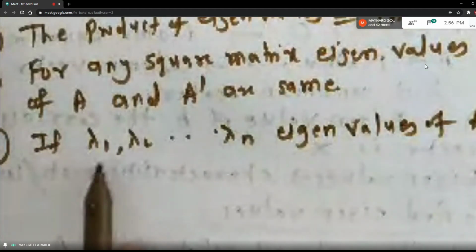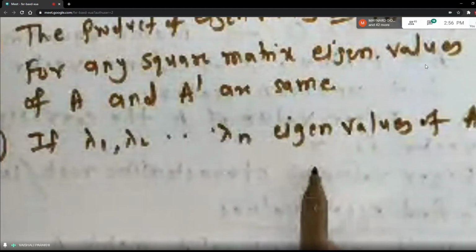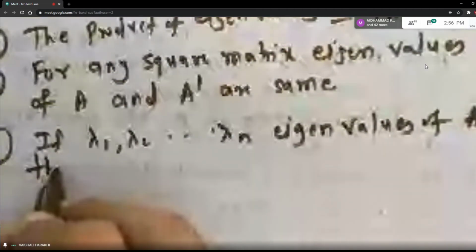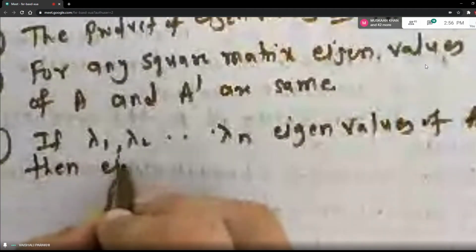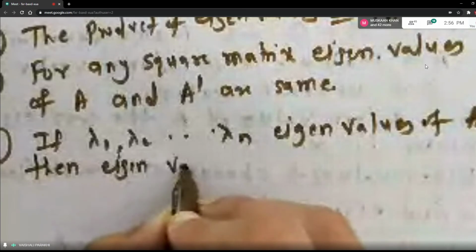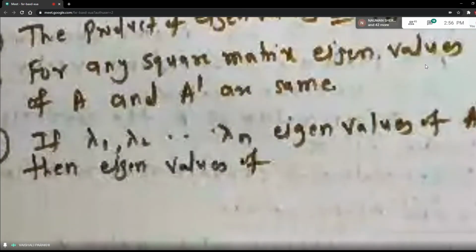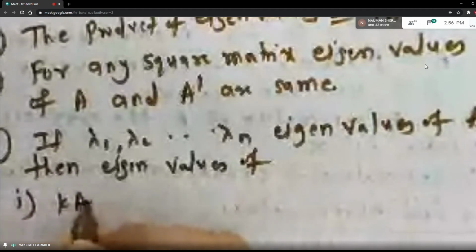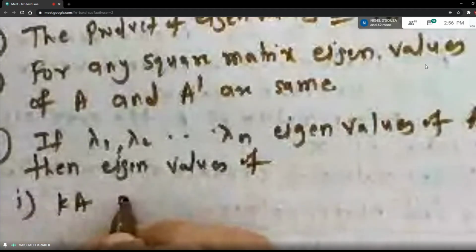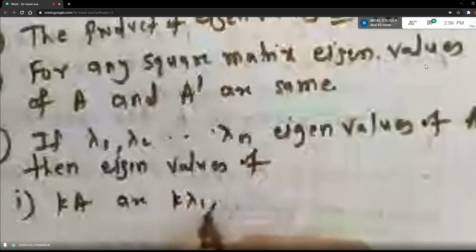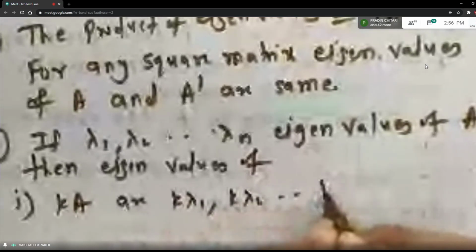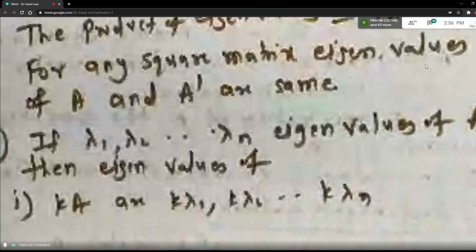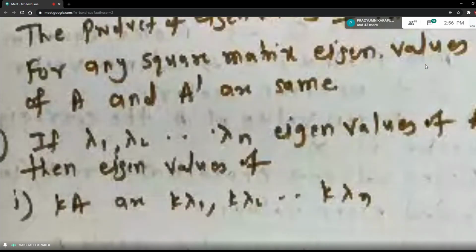So if lambda 1, lambda 2 up to lambda n are the eigenvalues of matrix A, then the eigenvalues of matrix K into A are K lambda 1, K into lambda 2 up to K into lambda n. Then suppose it is asked to find the eigenvalues of matrix 3 into A.